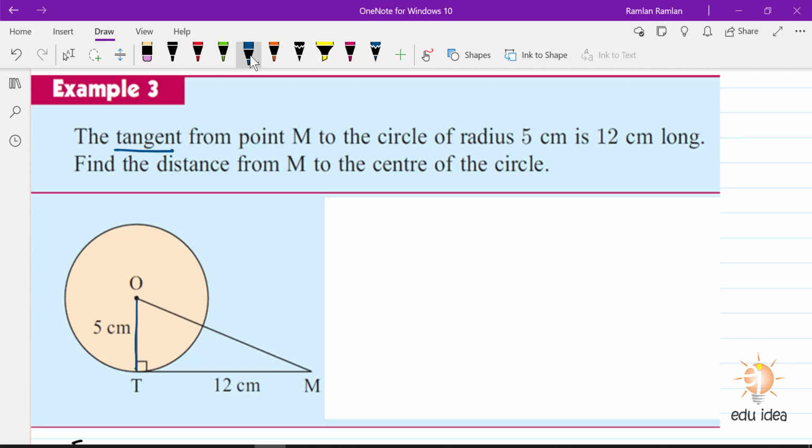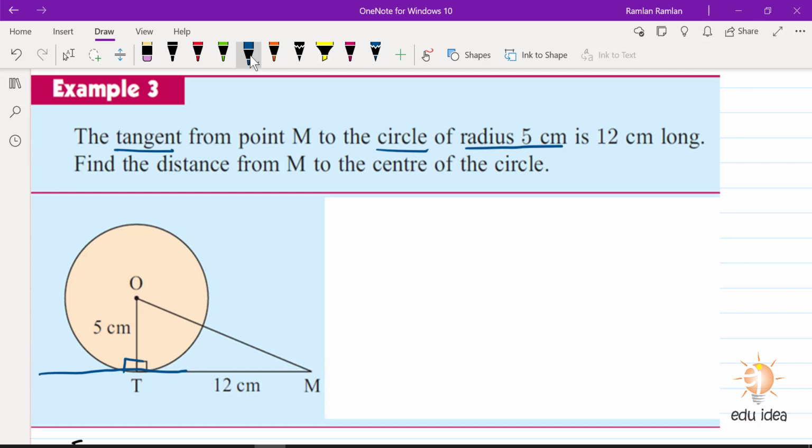Again, guys, if you connect the center point to any point on the circumference, it's always going to be the radius. So that is going to be 5 centimeters, because it said that the radius of the circle is 5 centimeters, right? Because this is a tangent, this is going to be 90 degrees.